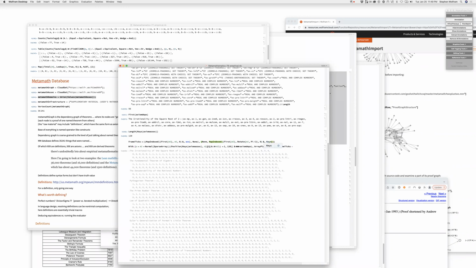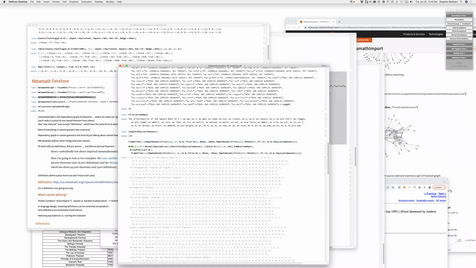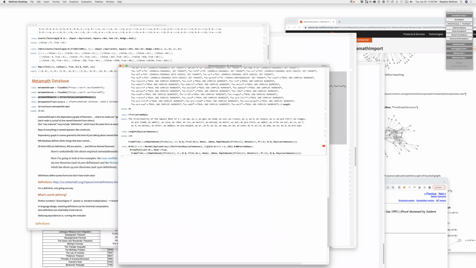Keys of axiom association. And then this here is first at u. Then this should say mesh arrow true. Let's see what happens.